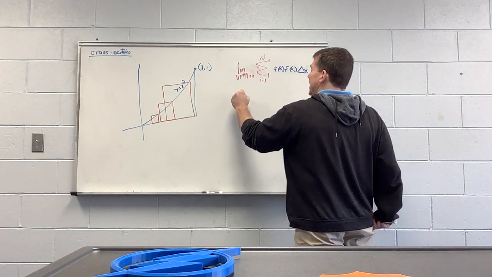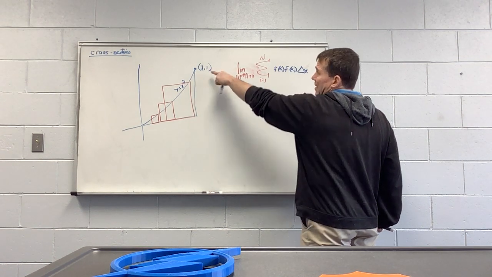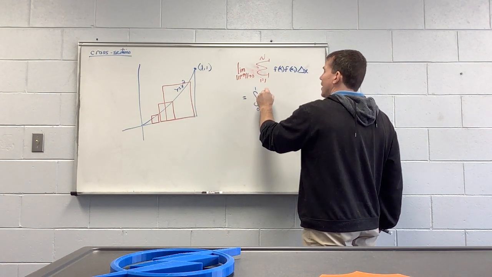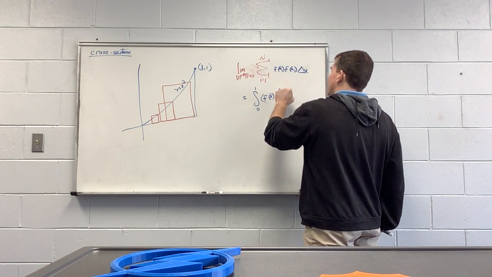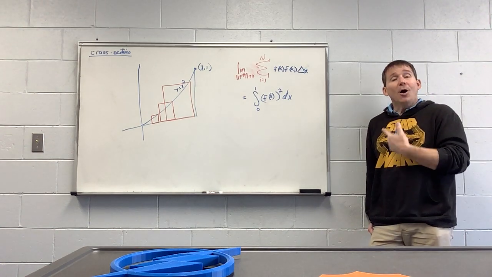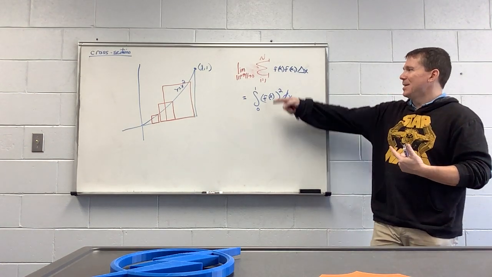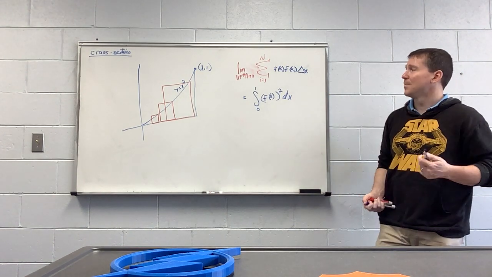That then tells me this will become the integral from 0 to 1, because that's the length I'm going with, of f of x squared dx. Solving that is easy. Plug in x squared, which is identical to the cylinder except with no pi.